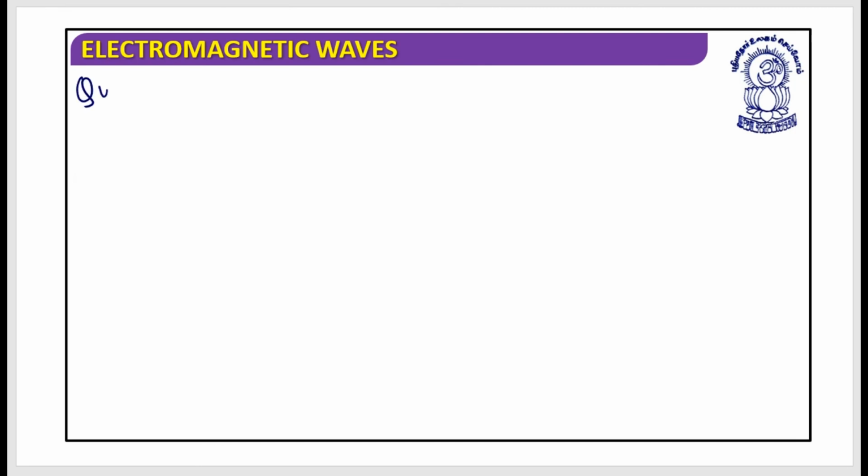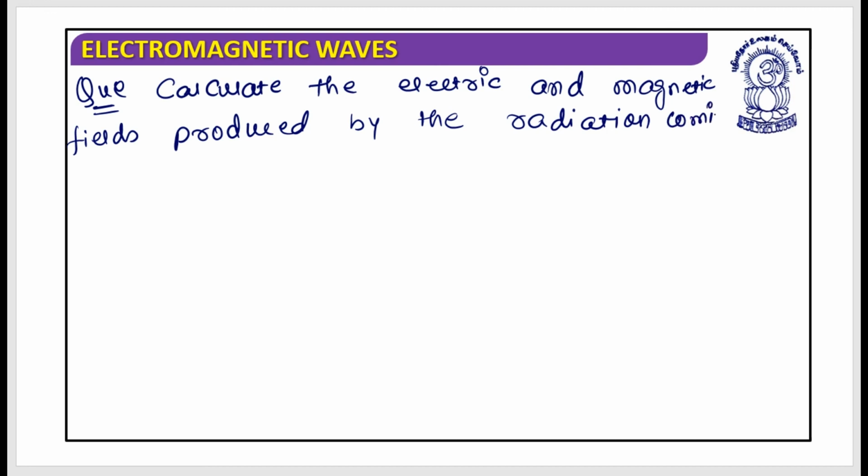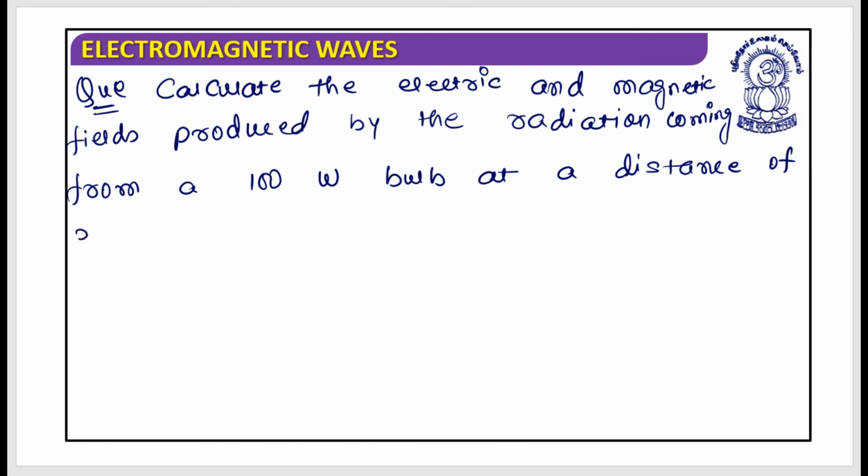Suppose that the question says: calculate the electric and magnetic fields produced by the radiation coming from a 100-watt bulb at a distance of 3 meter.